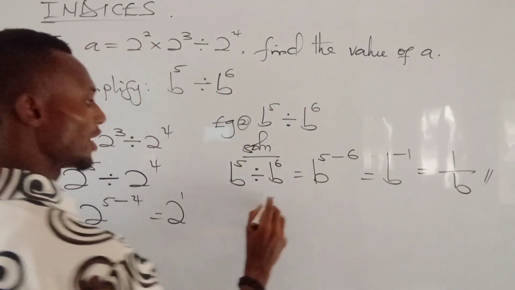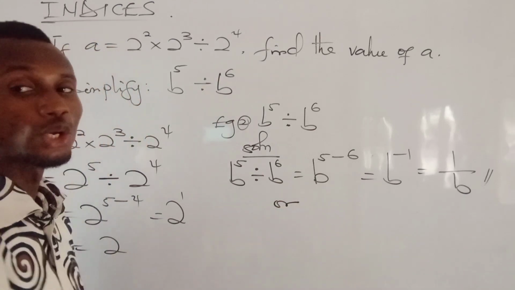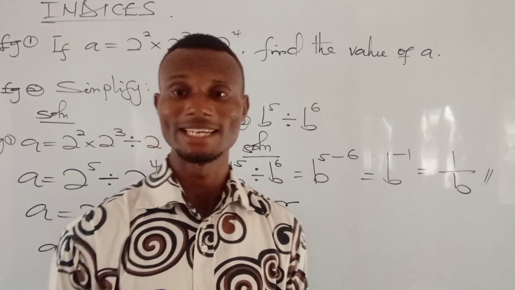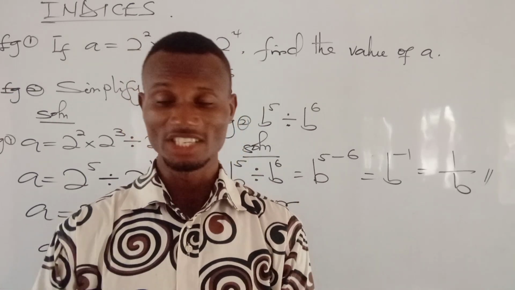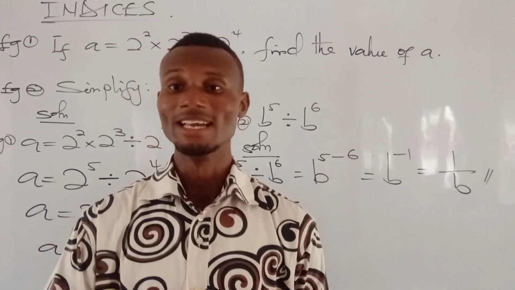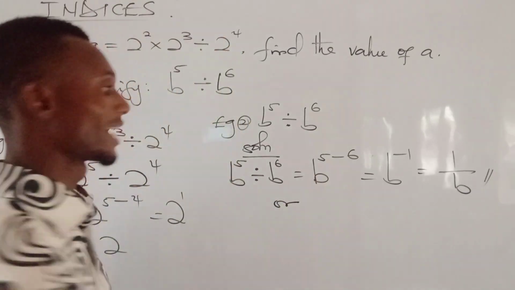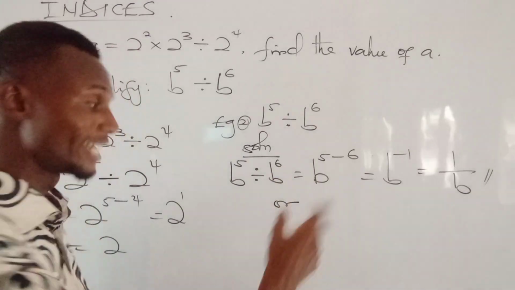Or there's another way to do it. In the previous videos, under the division of algebraic expressions, I explained that division can also be written as fractions. So this one we can also write in fraction form, and we'll get the same answer.